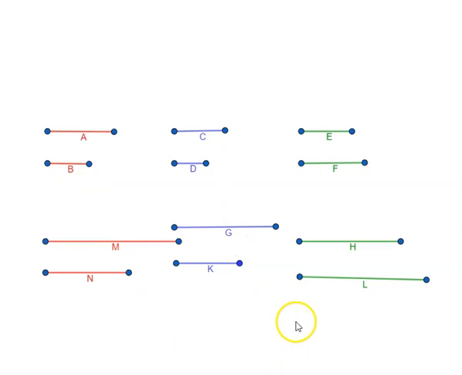Now that we have this construction, if G is greater than K, then M will also be greater than N. If it is equal, it will be equal. If G is less than K, then M will be less than N.